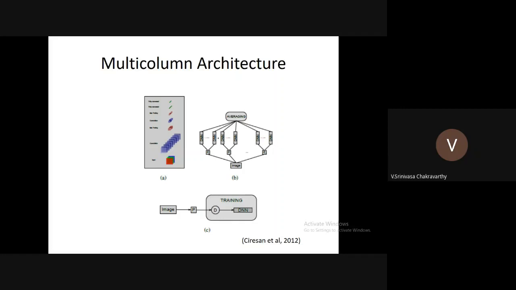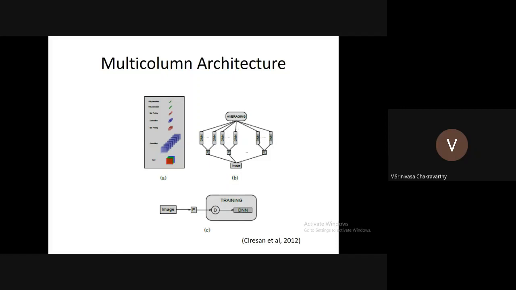CNNs are also made different by another means, which is different weight initialization. Your initial weights are different, and even if you train the network on the same data set, your final CNN is going to be slightly different, right? So you create a diversity of CNNs, and they call these columns, and you combine them.